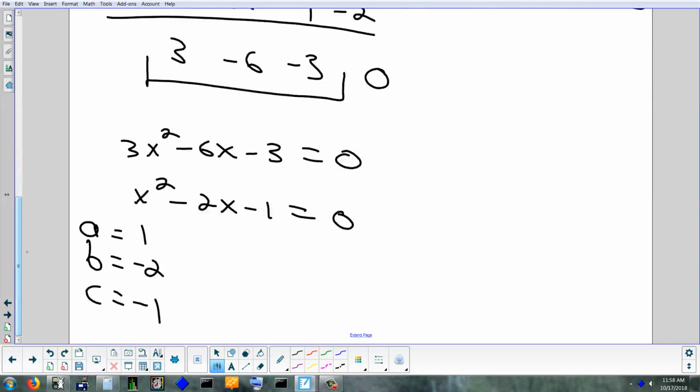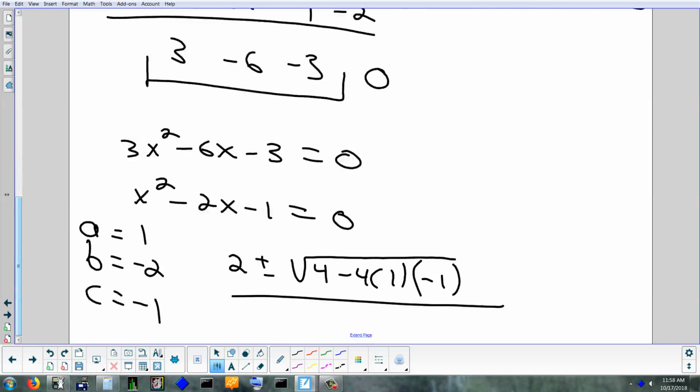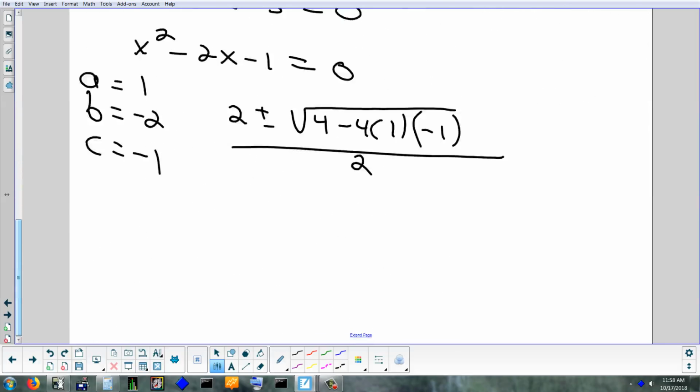Let's go through and see what they are. So negative b plus or minus, what comes next? Square root of b squared minus 4ac, all over 2a. So just simplify that and that's your answer.